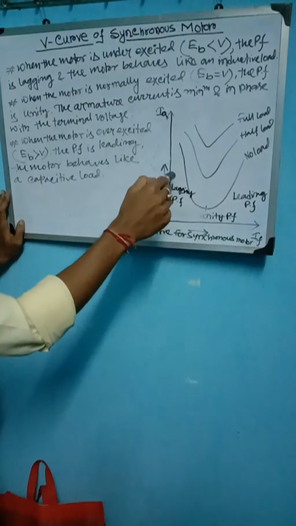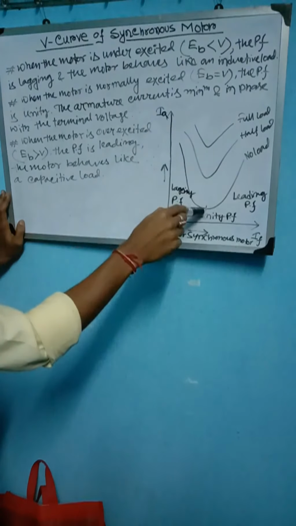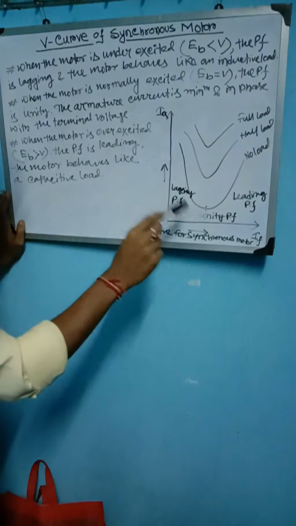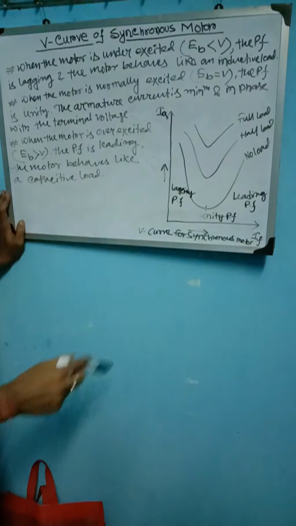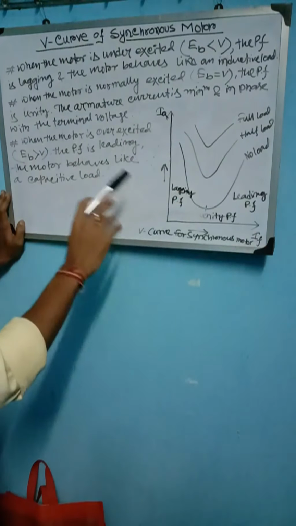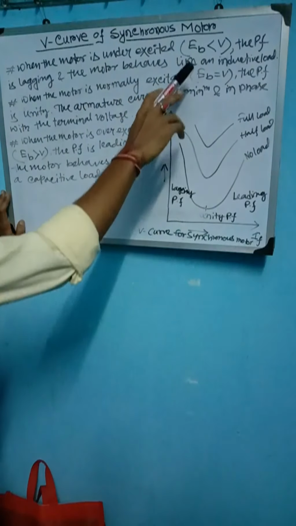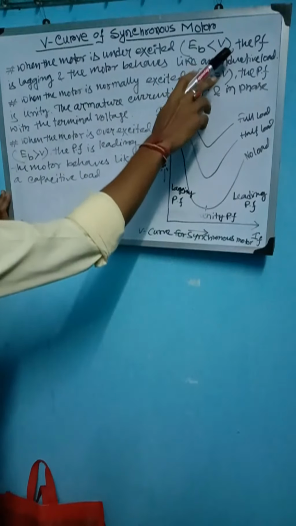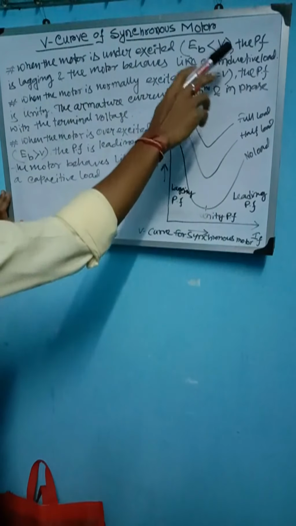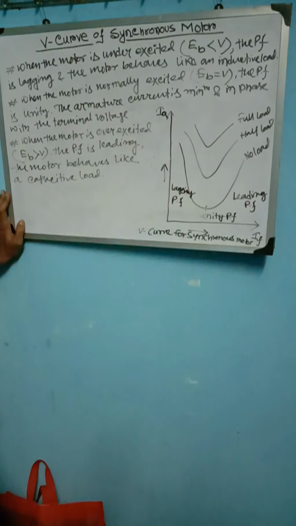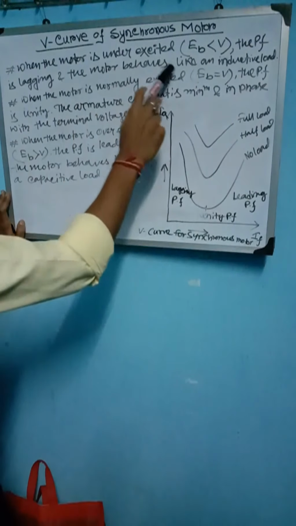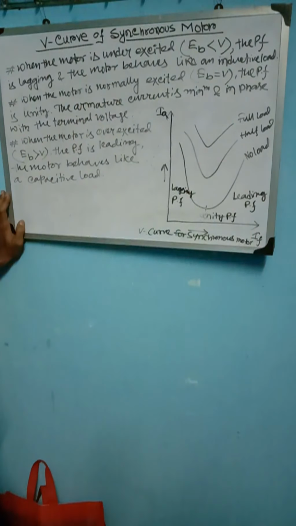Here these are the lagging power factor until it reaches the minimum point, that is the unity power factor. So when the motor is under excited, EB less than V, the power factor is lagging and the motor behaves like an inductive load.